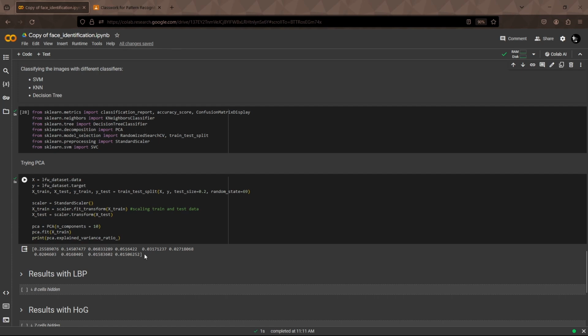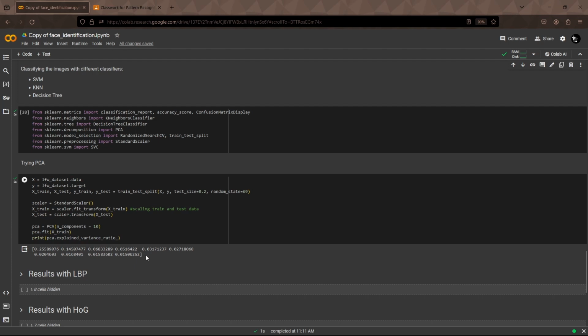So we did not think that implementing PCA for a small number of components would help summarize the data. It would only cause the accuracy to reduce while not changing much of the training time, because these percentages are very small. If we just add them up, we barely get 50%.